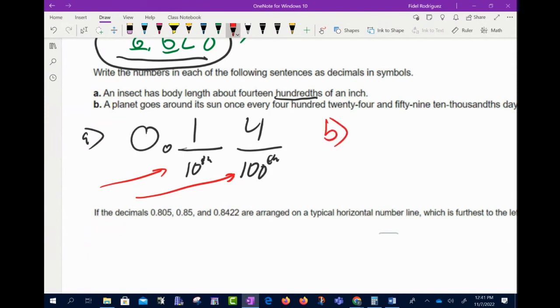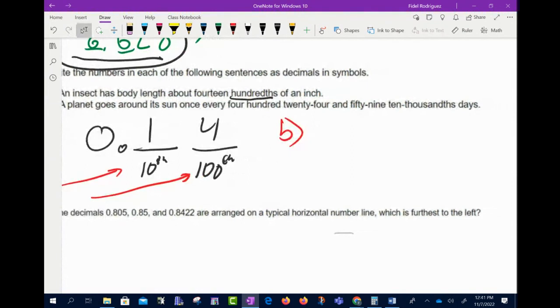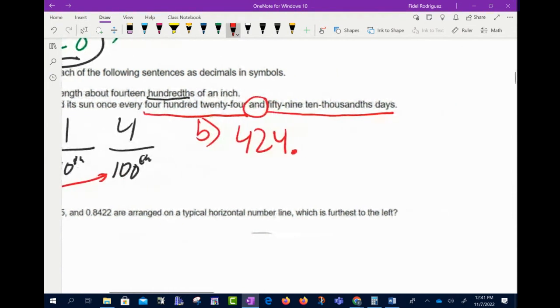Okay. Now, part B says a planet goes around the sun once every 424 and 59 ten thousandths days. Okay, I see the word and. So this number right here, y'all, is telling me the whole number part. So 424 point. Okay, 59 ten thousandths days. So look, I would go like this.